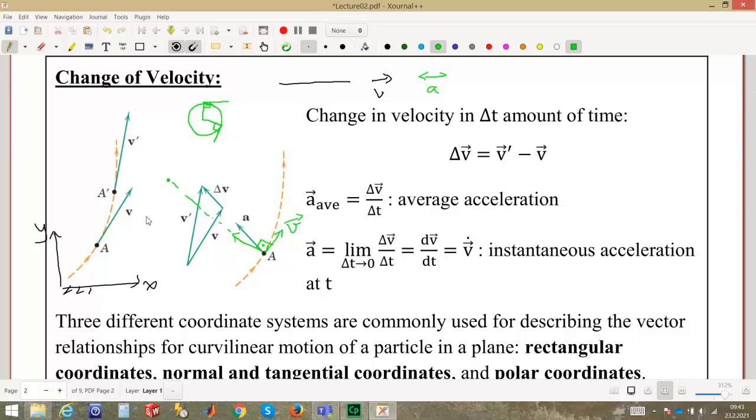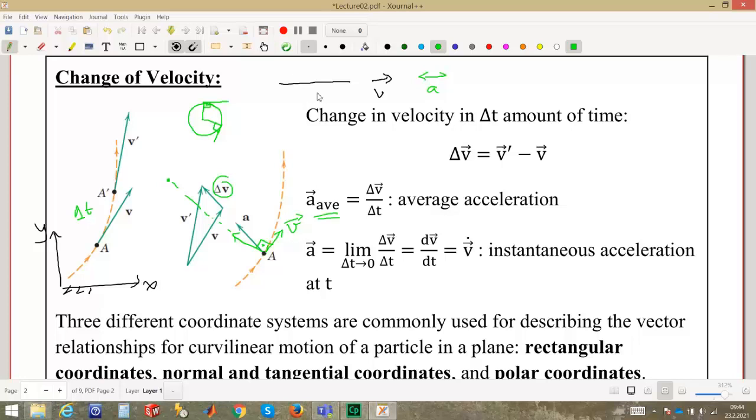Anyway, from point A to point A prime, the change in the velocity vector is defined as delta V. Again, we have an elapsed time of delta t. If we divide this change of the velocity vector by delta t, we get the average acceleration. It's a vector again, because we are now dealing with the curvilinear case.